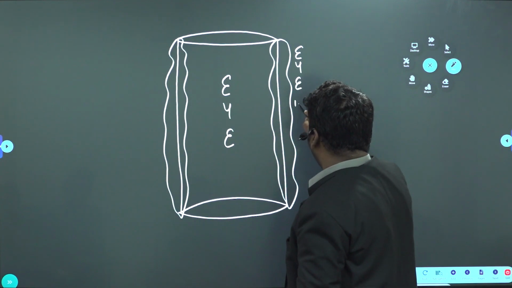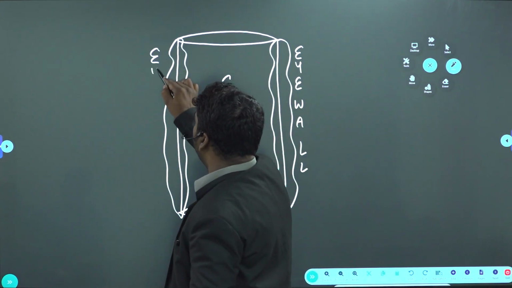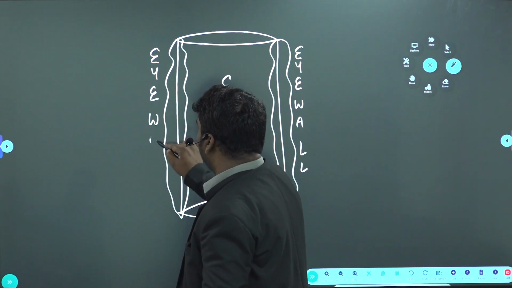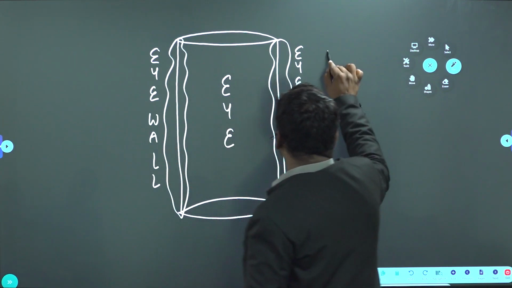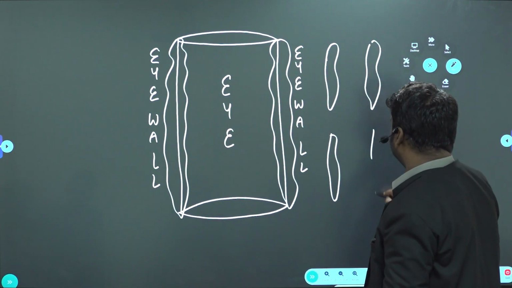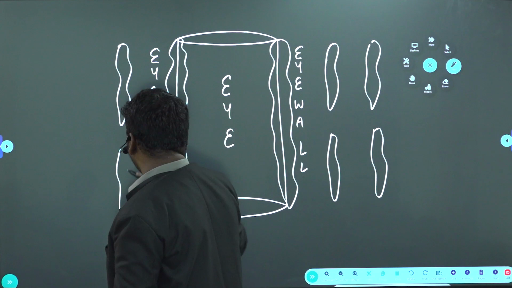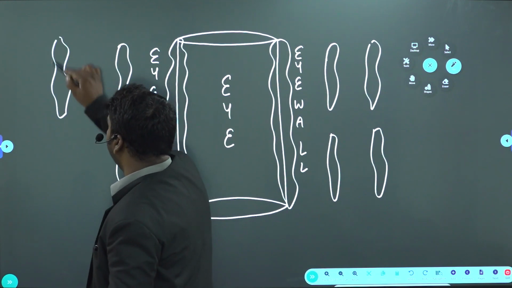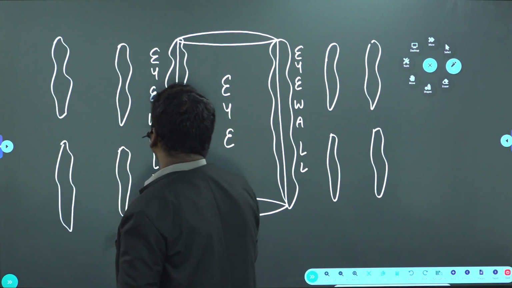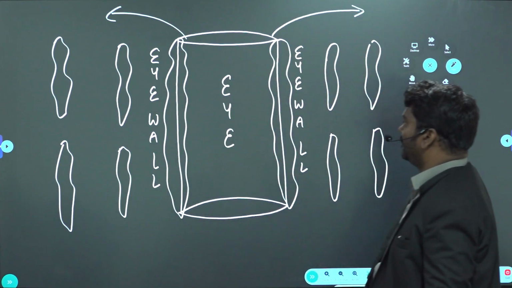What is the cloud called? Eye wall. Eye wall is made up of which type of clouds? Cumulonimbus clouds. Whereas these are all rain bands. And rain bands can be made up of any type of cloud. It's not mandatory which type of cloud is there. Any type of cloud can be present.